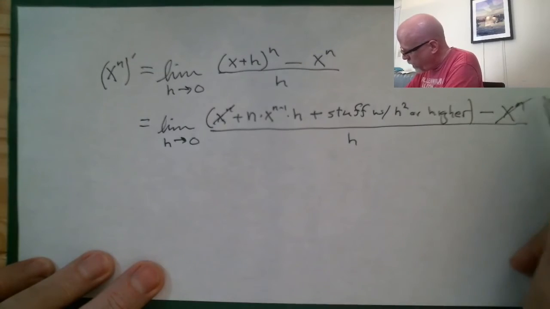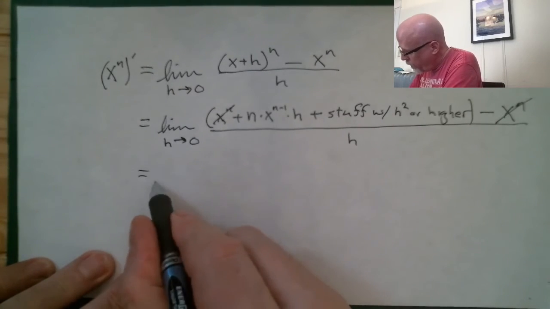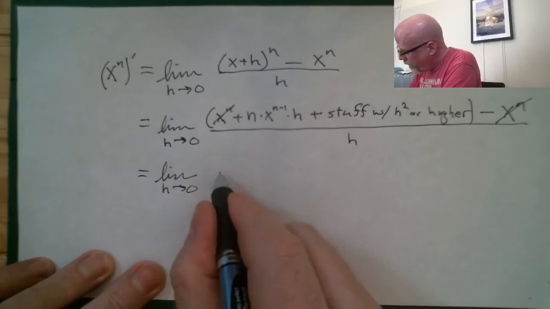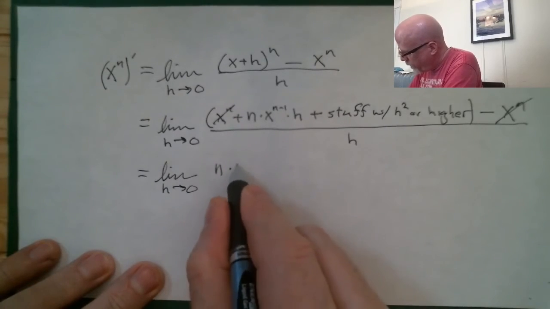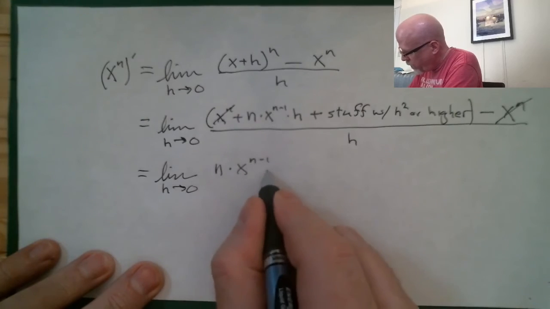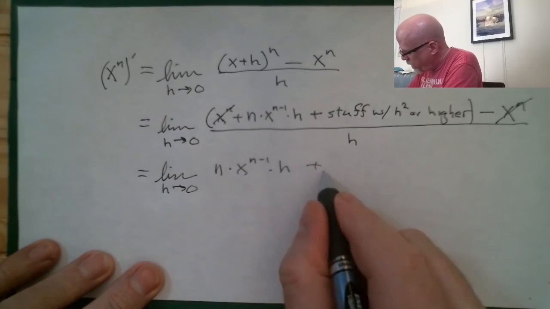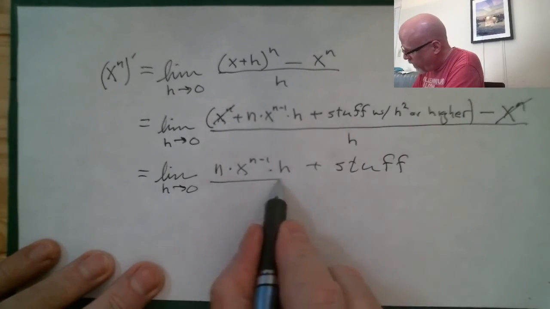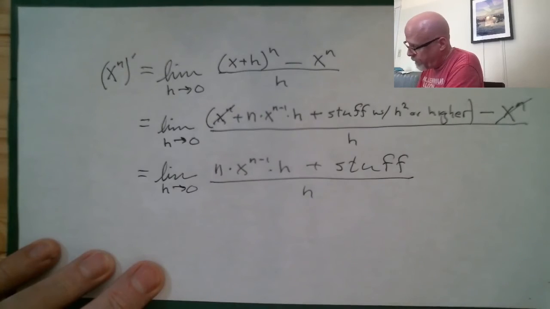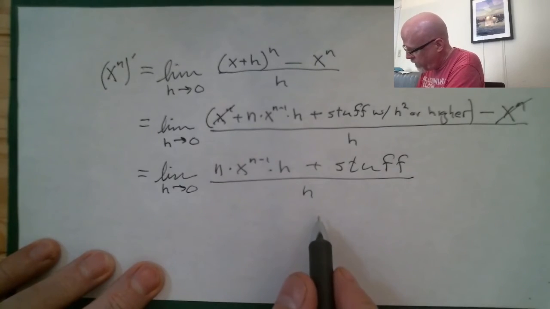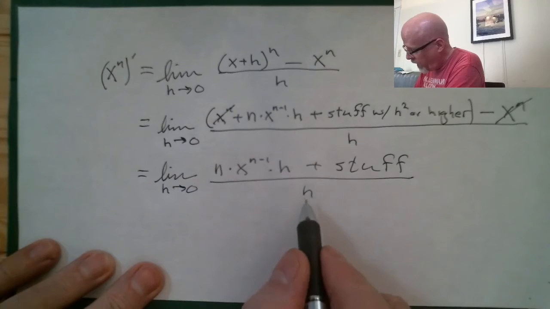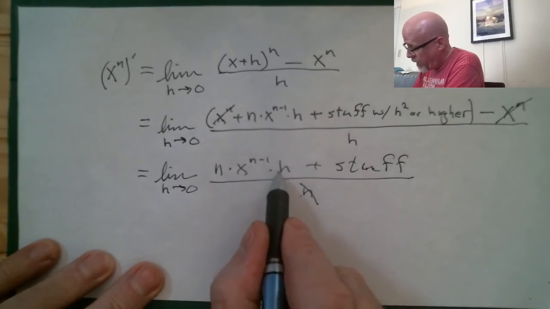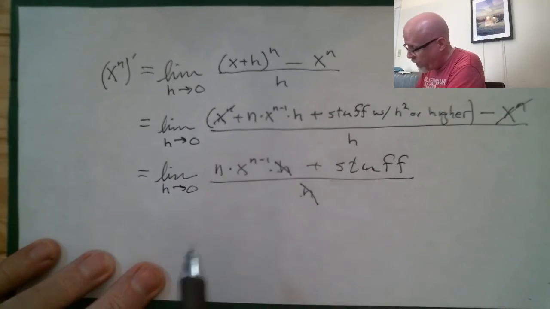Those two terms knock each other out, and you end up with the limit as h goes to 0 of, let's copy the first one, n times x to the n minus 1 times h, and then just say stuff. That's the stuff that has h squared or higher in it, all divided by h. And when we cancel, there are still h's in that stuff, but not this term. That term has one h and it goes away.